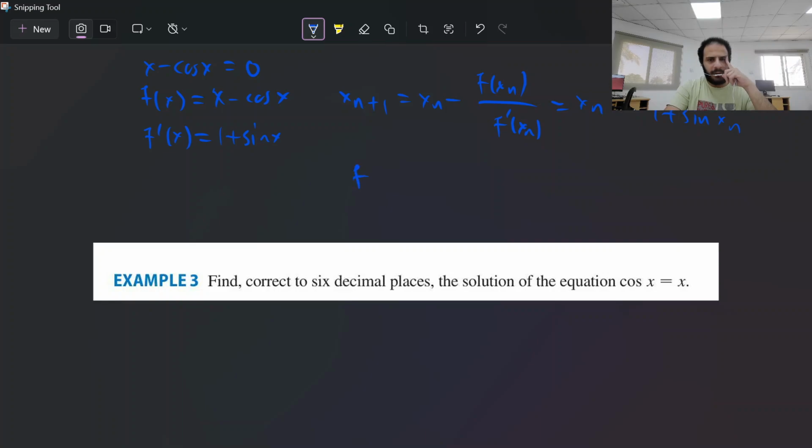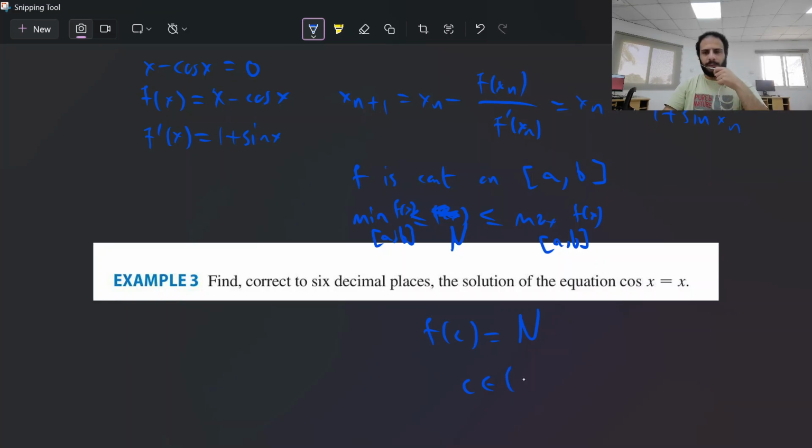If f is continuous on a closed interval [a,b], and n is greater than or equal to the minimum of f over [a,b] and less than or equal to the maximum of f over [a,b], then we know that there is a solution, f(c) equals n, where c is in the open interval, right? Do you understand this? Now we will use this to approximate x1.